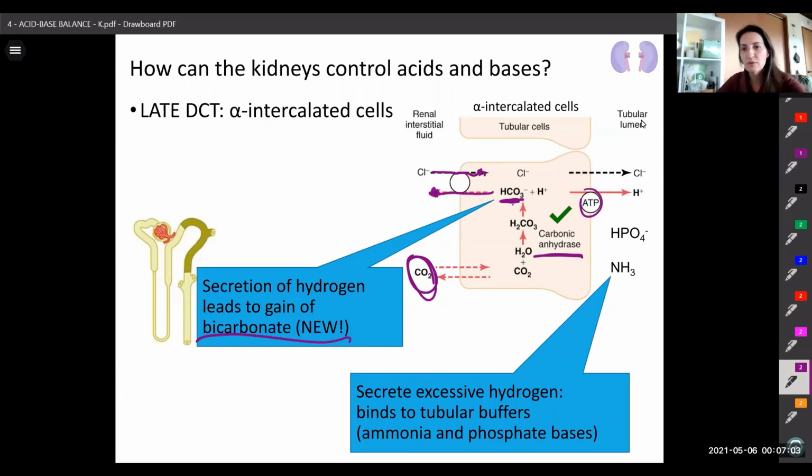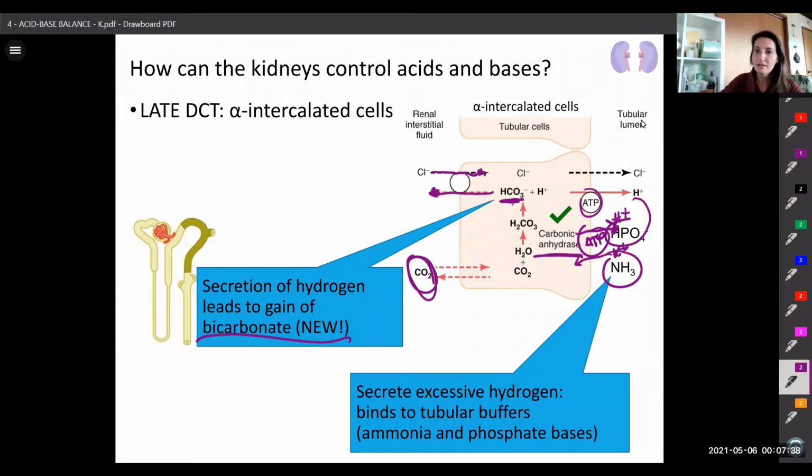And what's not shown here is we would have our pumps for H plus and K plus. Either way, we're secreting the hydrogen ions. Those hydrogen ions then can combine with the tubular buffers like phosphate buffers and the ammonia buffers in order to help regulate the pH of the urine somewhat.